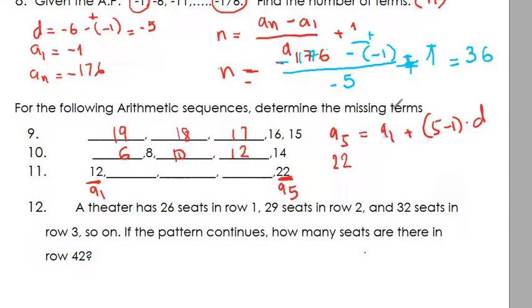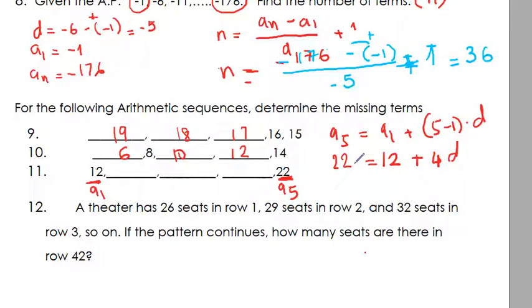22 equals 12 plus, now 5 minus 1 is 4, 4D.